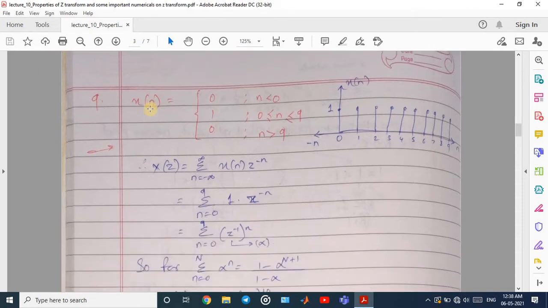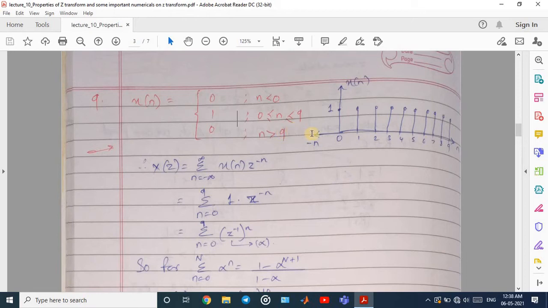In this example, they have given the intervals for x of n. First interval is 0 for n less than 0. Second interval is 1 for n greater than 0 and less than 9. And third one is 0 for n greater than 9. So this indicates that our signal will be from 0 to 9.